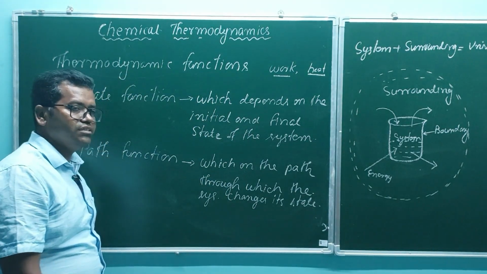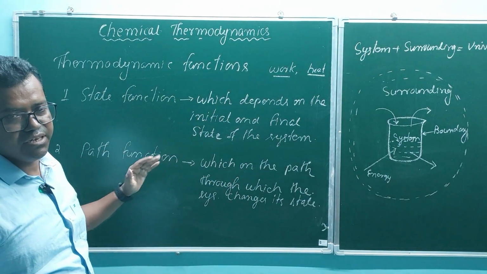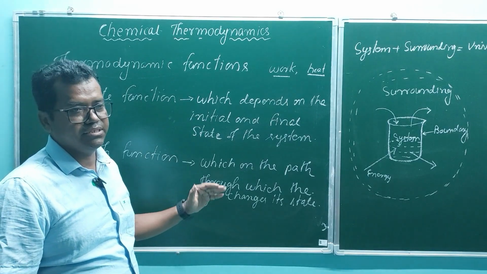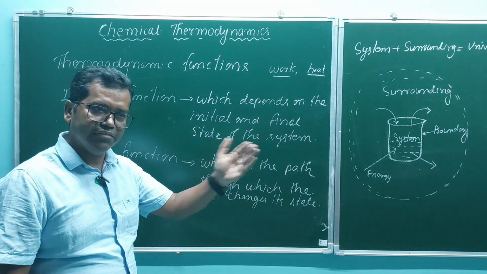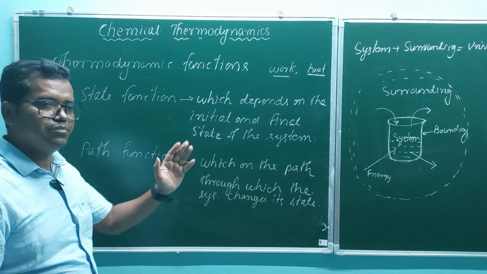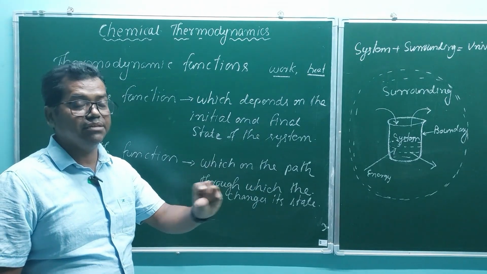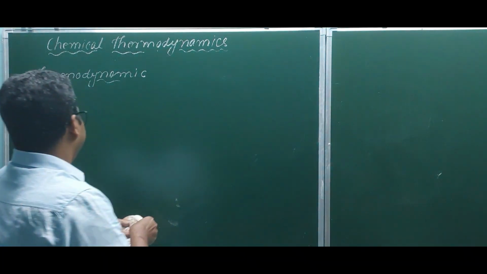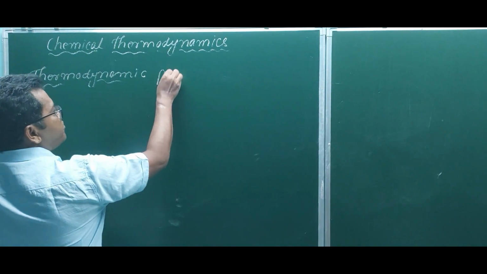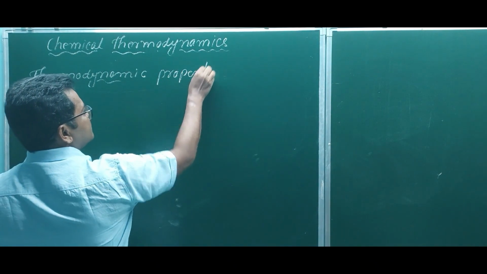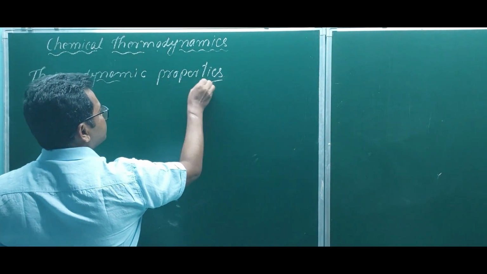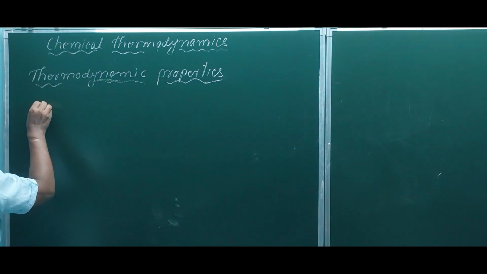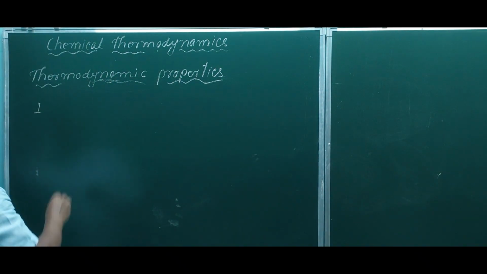I think you have understood what is state function and what is path function. State function depends on the initial and final state. Path function depends on the path through which the system changes its state. Next topic, thermodynamic properties. Again, there are two types of thermodynamic properties.